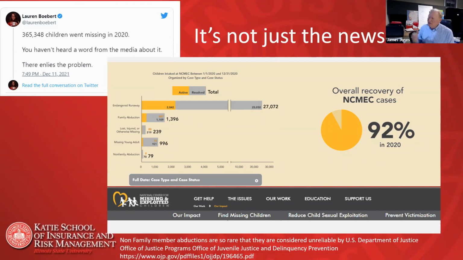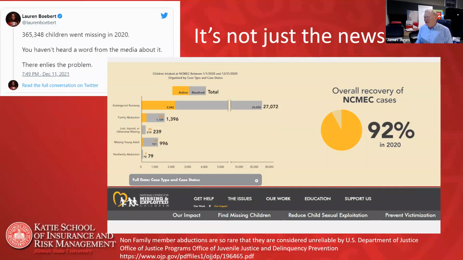Of the 27 of these that go missing, most of these, now when you think about missing, it's like, oh my God, somebody's taking these kids. If it really were 365,000 kids being abducted by strangers, then that would be an issue.